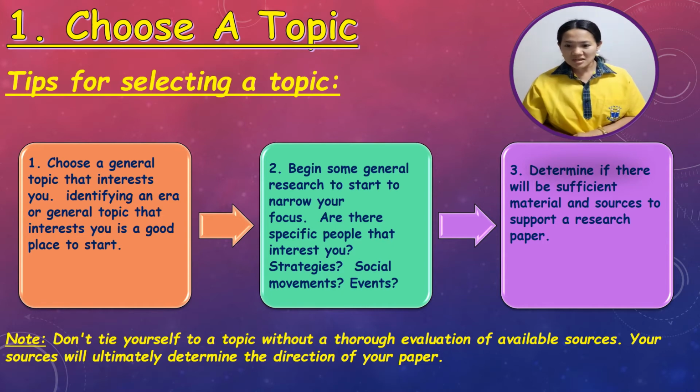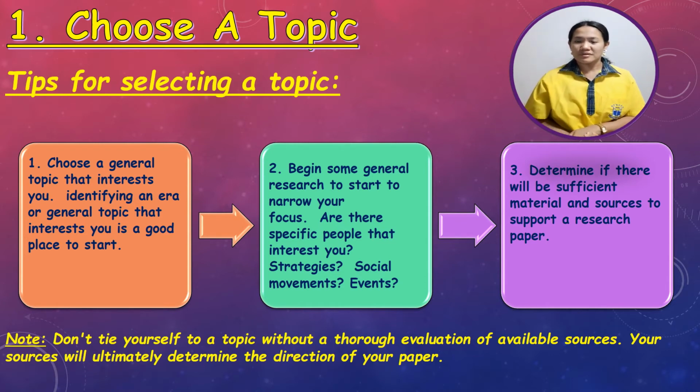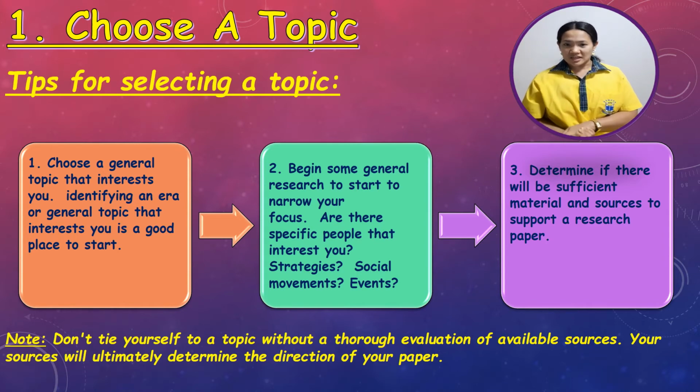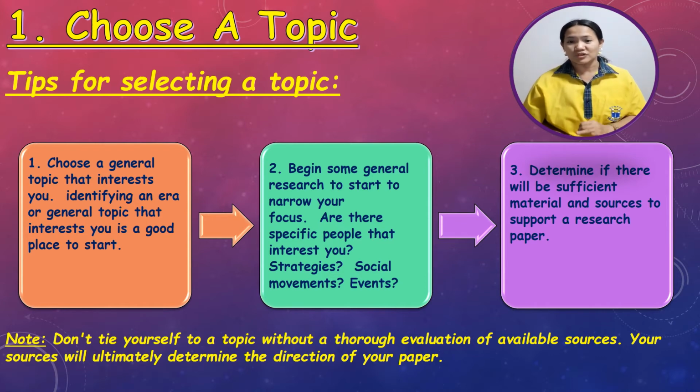And number three, determine if there will be sufficient material and sources to support a research paper. For example, if you're researching an event that happened in the past, do you have any materials or documents that will support your research? So these are the tips that you have to consider when choosing a topic.